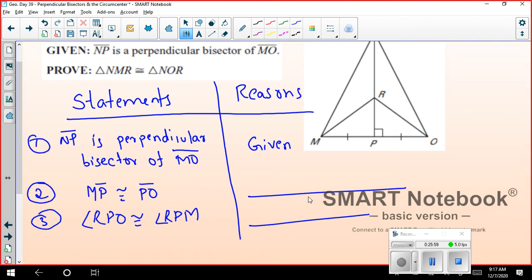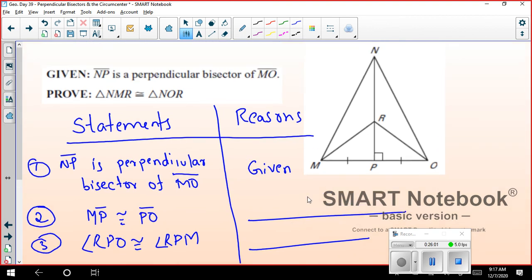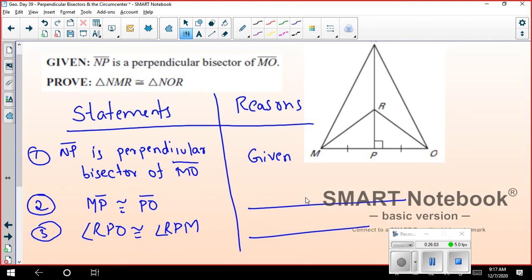And further, the fourth step, which is NP is congruent to NP.